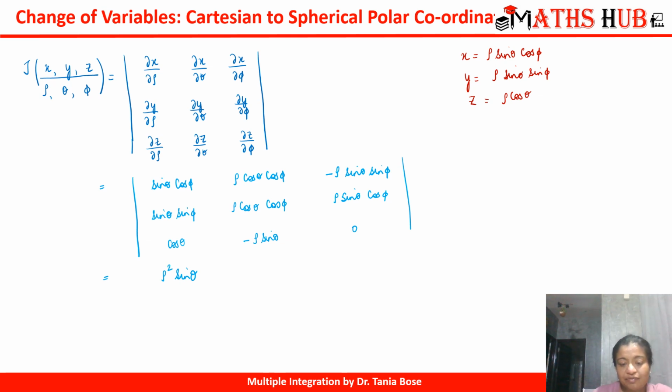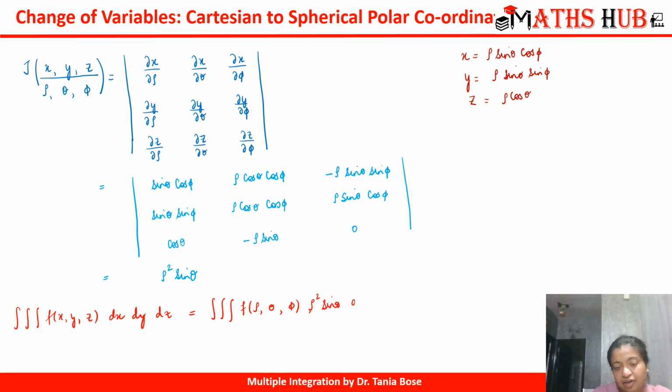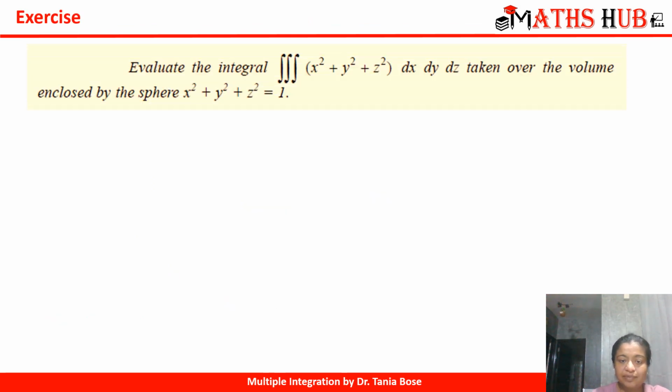So that means whenever we are converting a Cartesian system, that is f of x, y, z, dx, dy, dz, into spherical polar coordinate system, it will become f of rho, theta, and phi. The Jacobian will always be rho square sin theta, and we have d rho, d theta, and d phi, right? Okay. So with this transformation, let us check out the question.